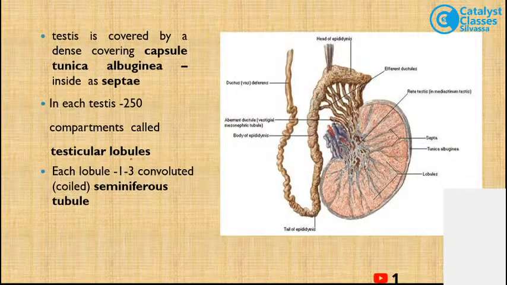Okay. So let us study the internal structure of the testis. What exactly is present inside the testis, which are the different cells that are present, and how the development is going to take place inside the testis.